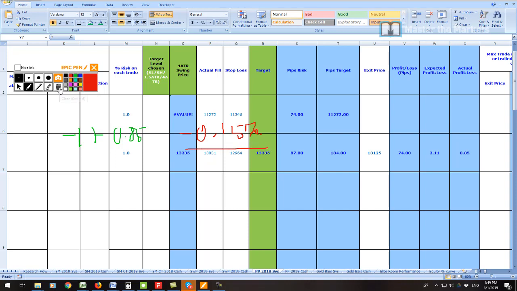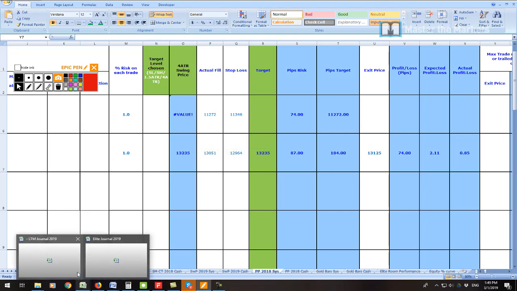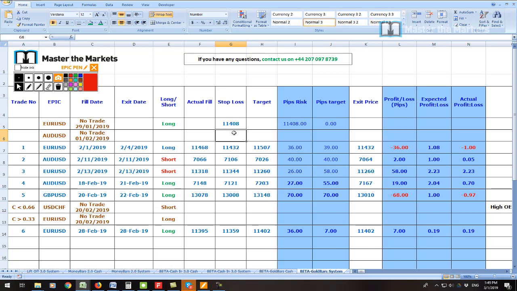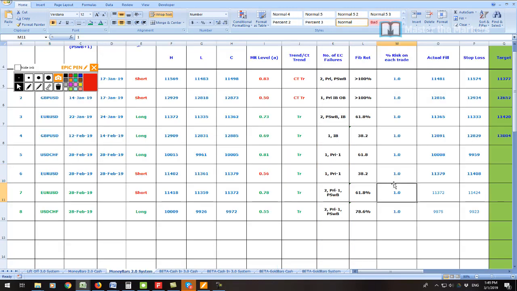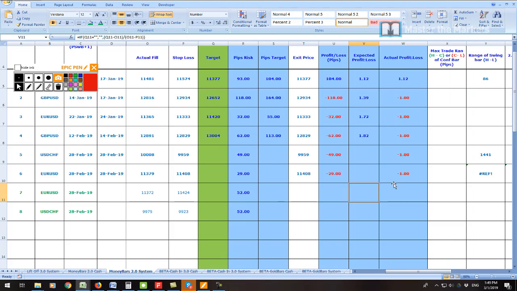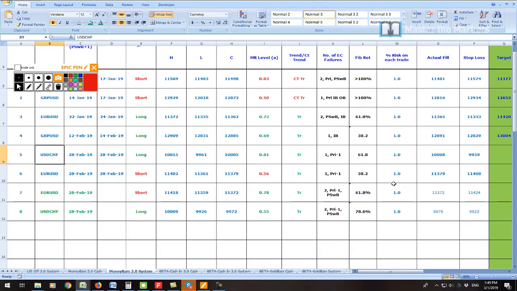Now moving on to the LTR room. In the LTR room, what we have is the money bars trade. We had -1 and -1 here, dollar Swiss and euro dollar, so we have a -2%.